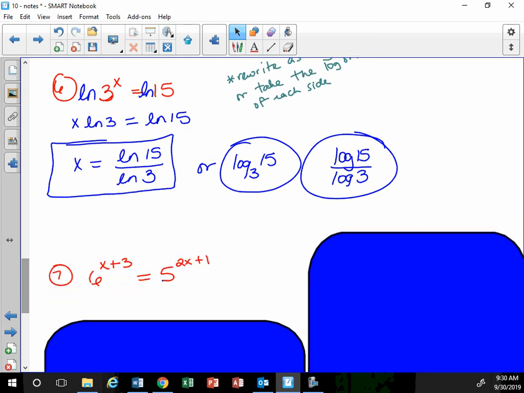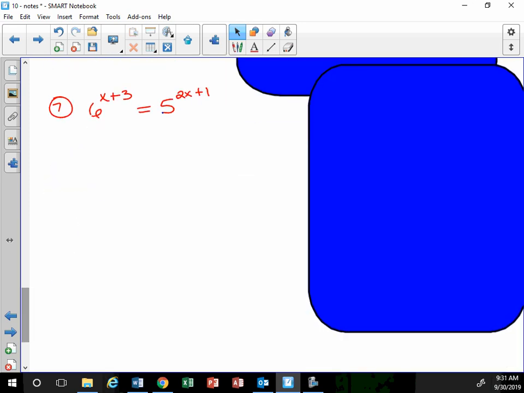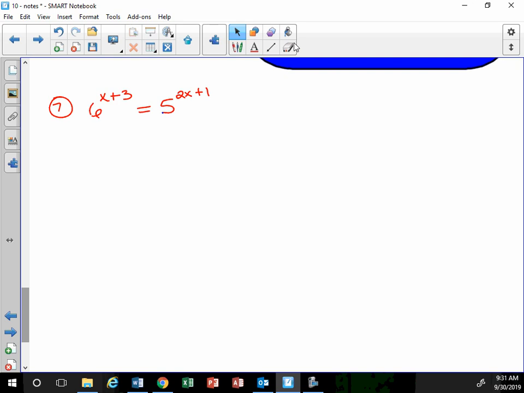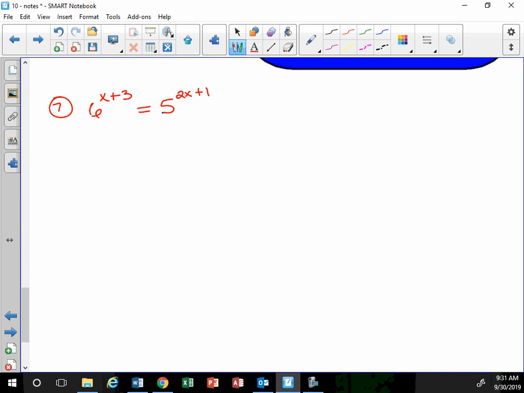Let's look at that again, but with a slightly more complicated one. So that's 6 to the x plus 3 equals 5 to the 2x plus 1.